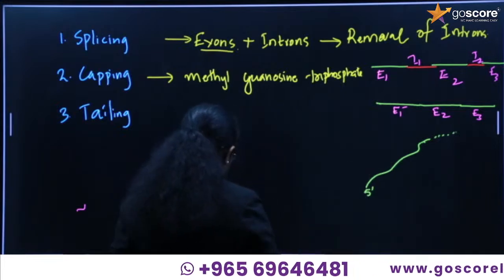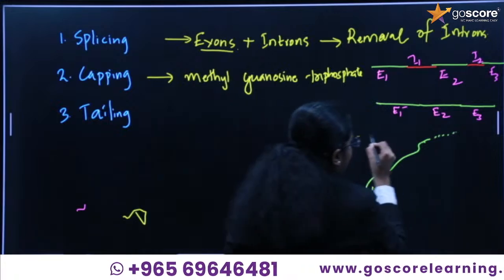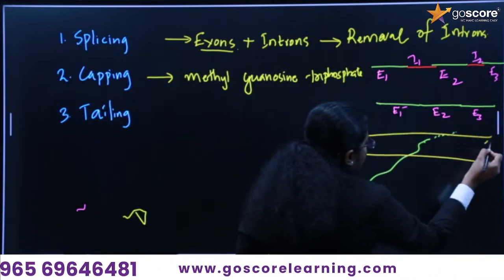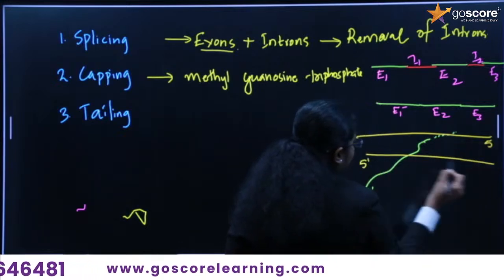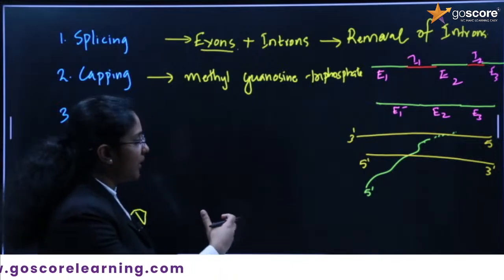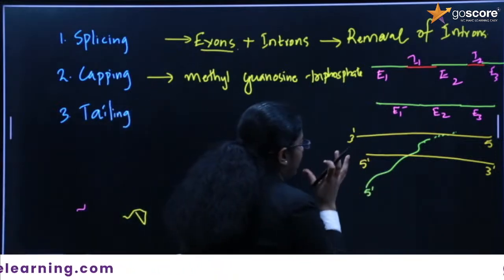If this is DNA, the RNA will be coming out from the 5' to 3' end.